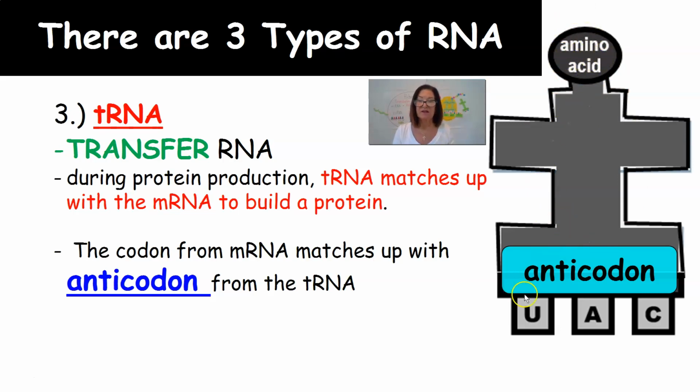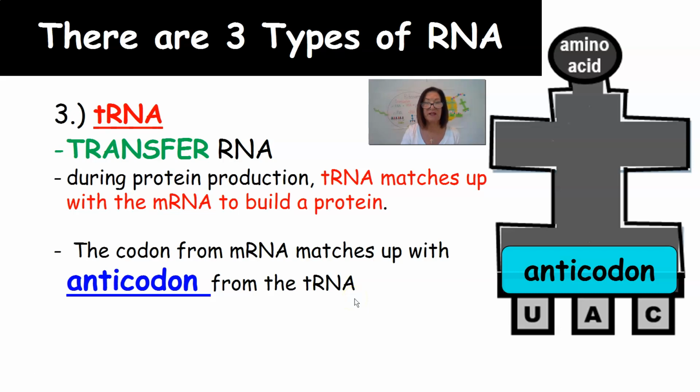And down below, you have a set of 3 nucleotides. This set is called the anticodon, where we had the codon, which was a set of 3 from the mRNA. It's going to match up with the anticodon on the tRNA. So the codon from the mRNA matches up with the anticodon from the tRNA.